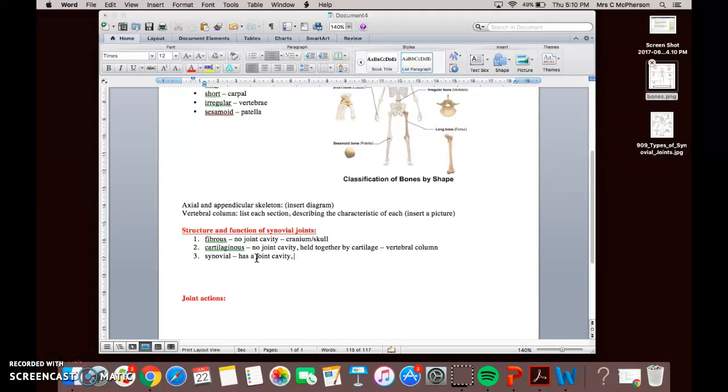So held together by ligaments and are separated by synovial fluid in the joint cavity.